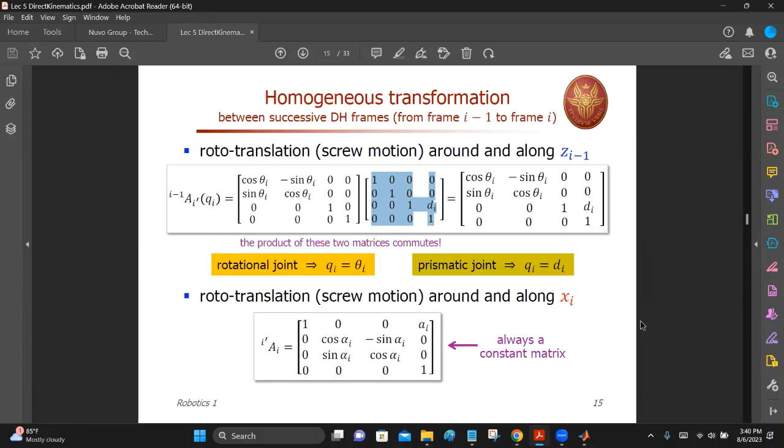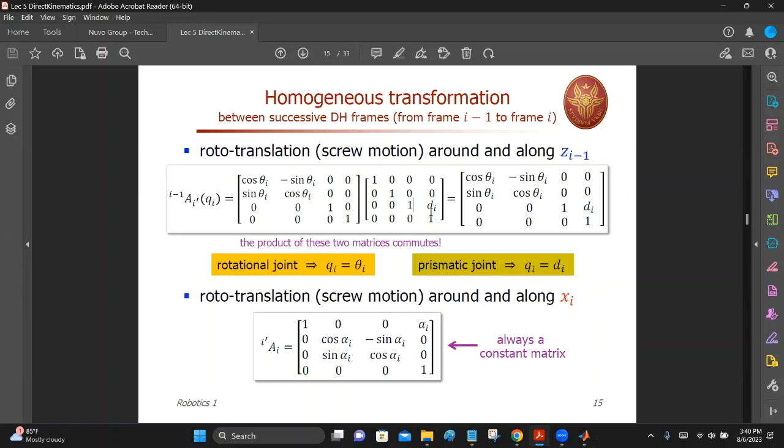Translation along z. Exactly. This is the translation along the z-axis because you can see over here the 3 by 3 matrix on the upper left corner is a unit matrix or identity matrix. Therefore, there's no rotation. But the last column, you can see 0, 0, d i. So first 0 is x-axis, second 0 is y-axis, third one is the z-axis.